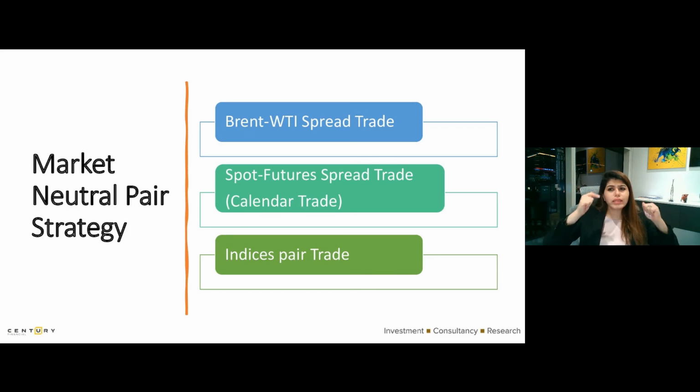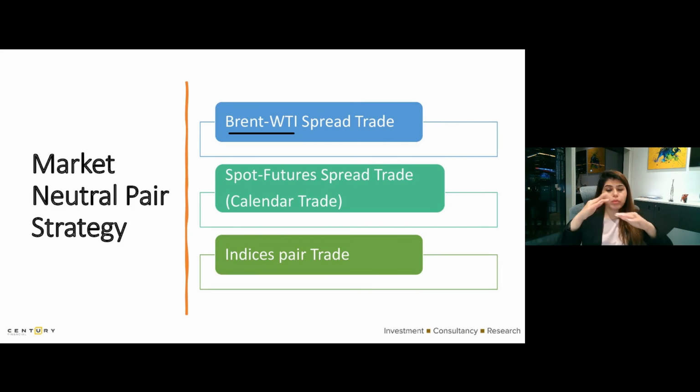So, a quick example, you have Brent and WTI. Both of these are two different types of oil. Generally, the spread between Brent and WTI, that means the price gap between Brent and WTI, is on an average $5.